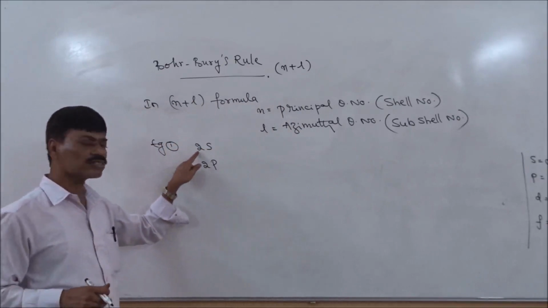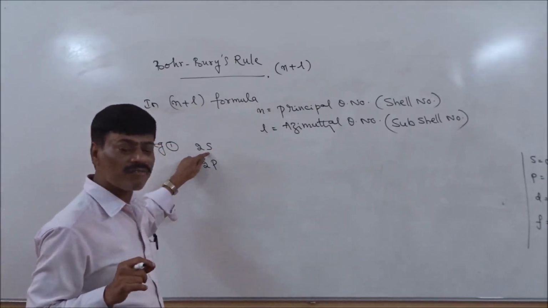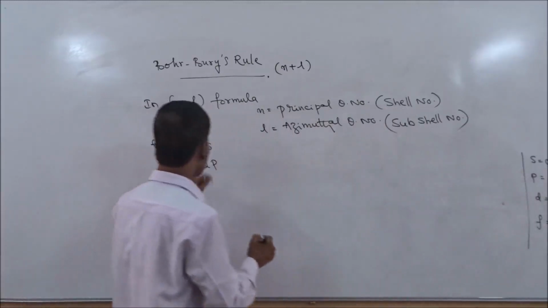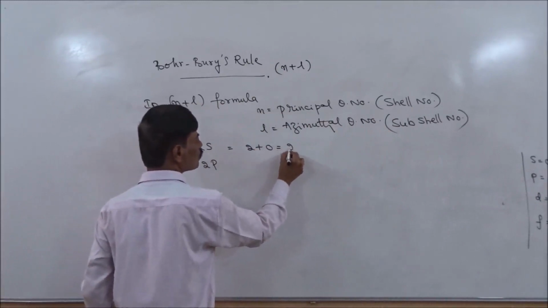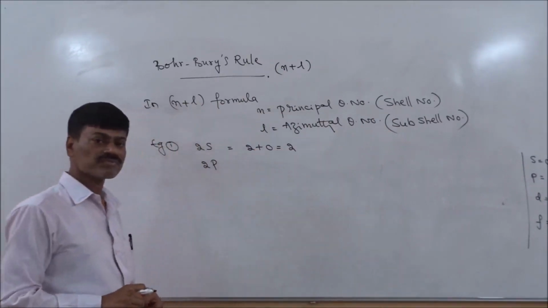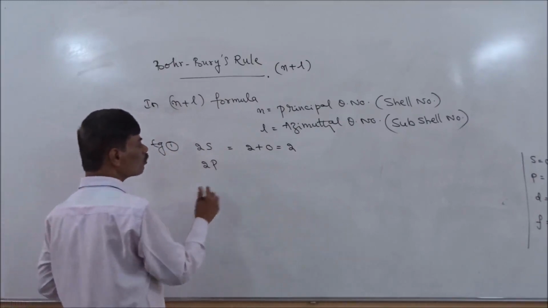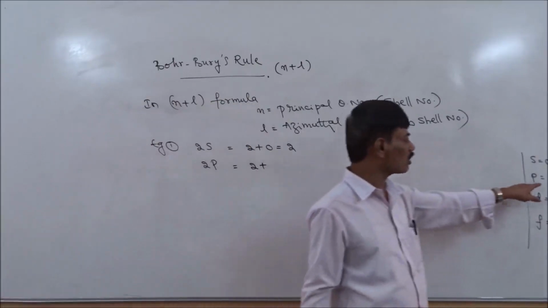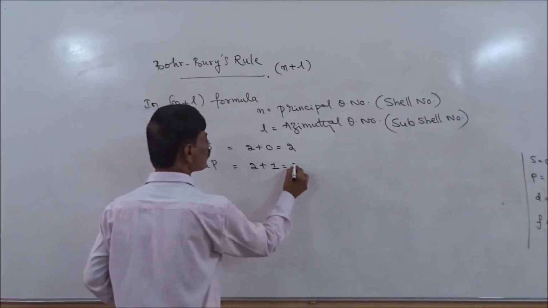Now 2s means 2 refers to the shell number and the value of the s subshell is 0. So 2s means 2 plus 0 is equal to 2. Simply it's a number, it doesn't have any unit. Now if we move to 2p, 2 plus the p value, which is 1, so 2 plus 1 is equal to 3.